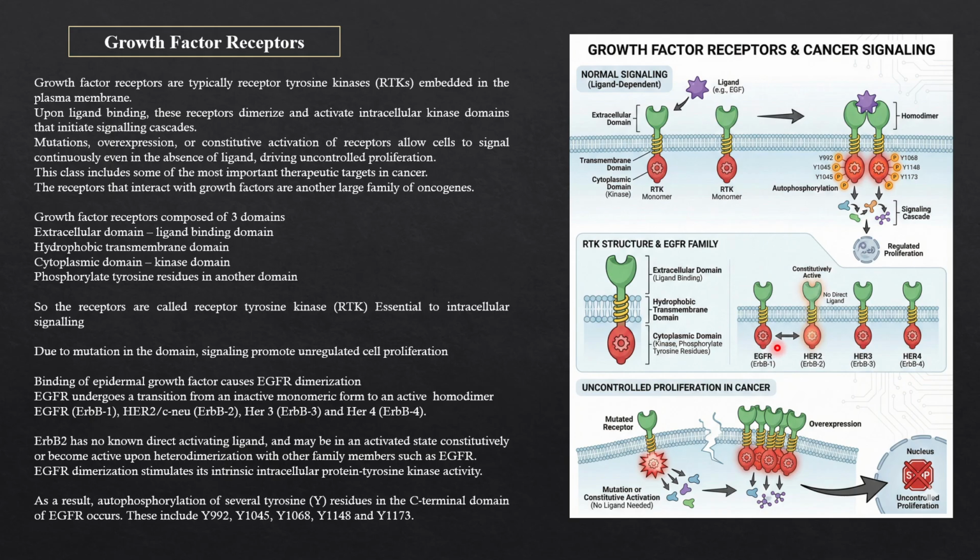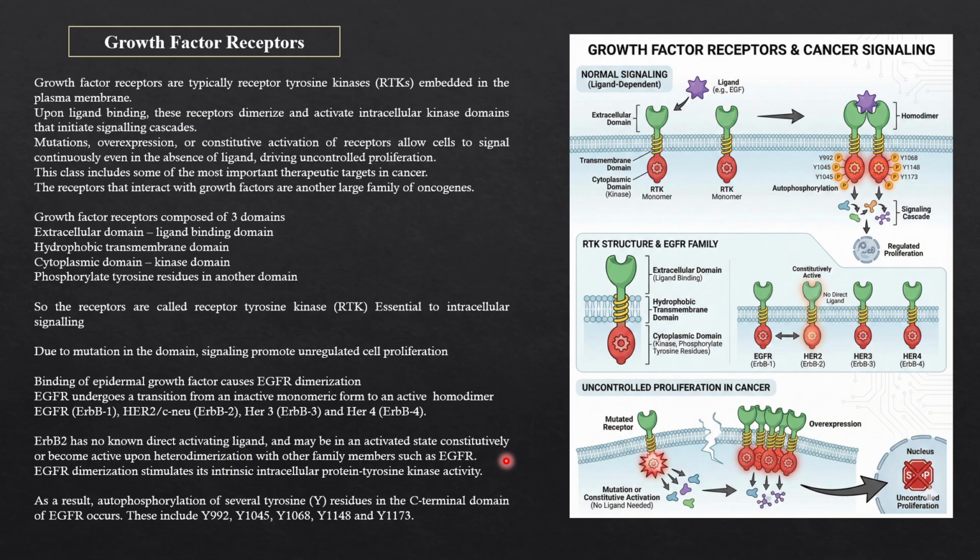One example is EGFR, which undergoes a transition from the inactive monomeric form to an active homodimer, and some other examples are listed here. ERBB2 has no known direct activating ligand and may be in an activated state constitutively or become active upon heterodimerization with other family members like EGFR.